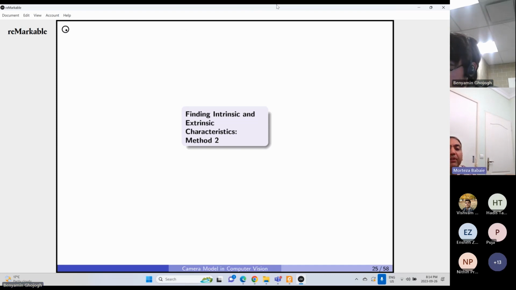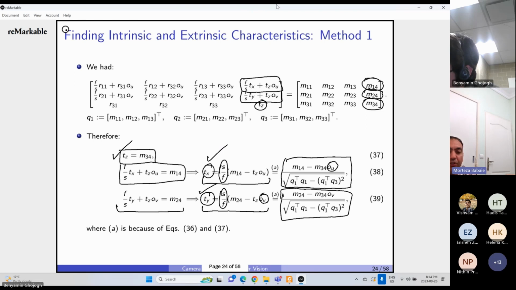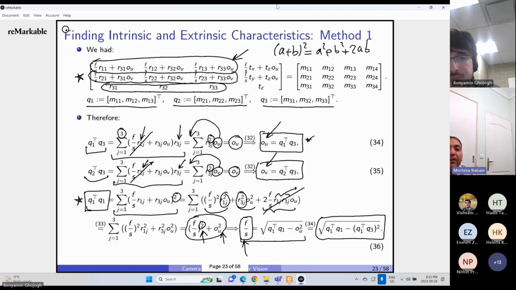Could you go to slide 23? Yeah. We may have one question in the quiz from this slide, so if you have that question, you may find the answer from here.